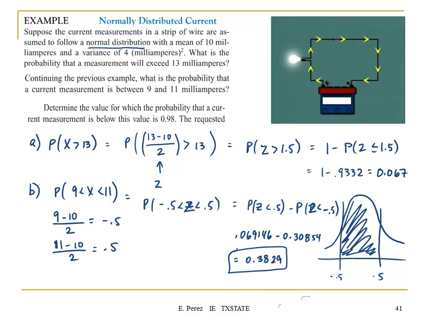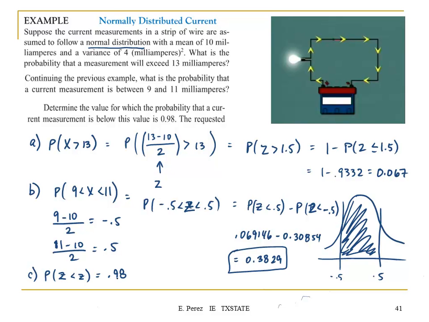For that, we are finding the probability of z less than c equal to 0.98. From the table, you need to find the value of z that will give you 98% or close to 98%. It's 2.06 or 2.05. Whichever is closer, I'm going to use 2.05.